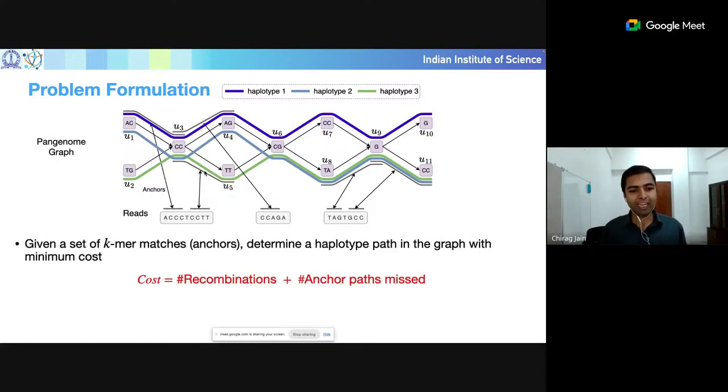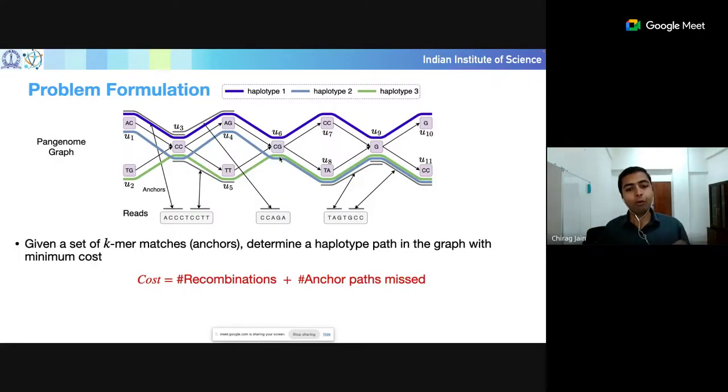Given this set of k-mer matches, let us call them anchors, we want to determine a haplotype path in the graph with minimum cost, where I'm defining my cost as the number of recombinations, that is, how many times the path is switching between haplotypes.